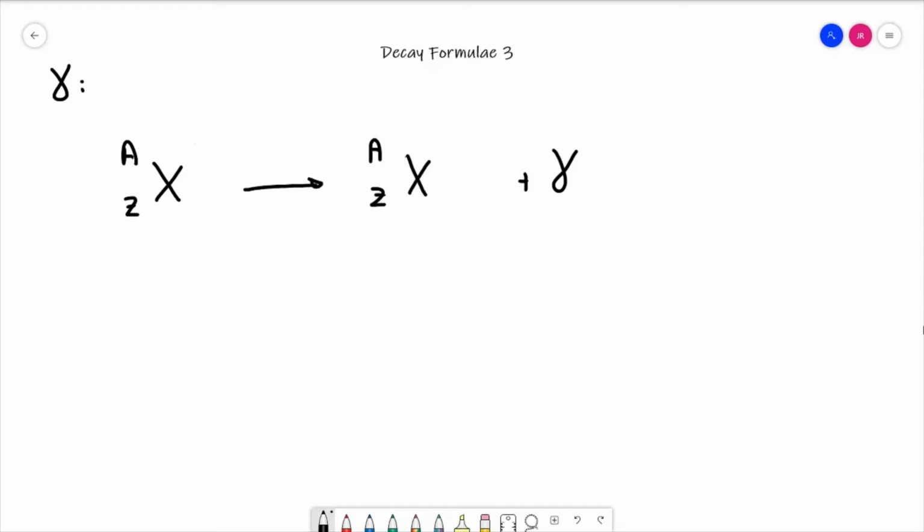The only difference, and sometimes you will see an asterisk placed up here, is to say that we are moving from an excited state, where the nucleus has more energy than the ground state, down to a lower energy level in the nucleus.